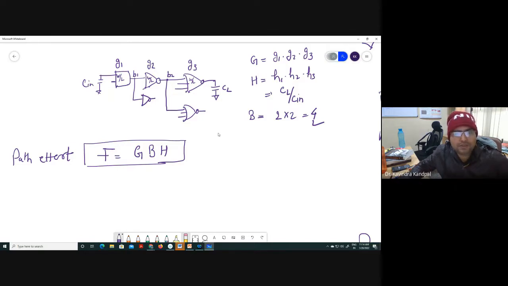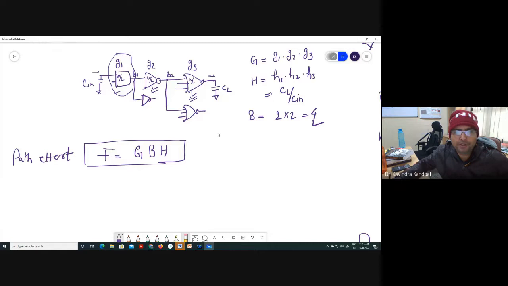So what was the thumb rule? The thumb rule is, every stage. How many stages do we have here? 1 stage, 2 stage, and 3 stage. We do have 3 stages, right? 1, 2, 3. So if you want to minimize the delay from this input to this output, then every stage should bear equal effort.